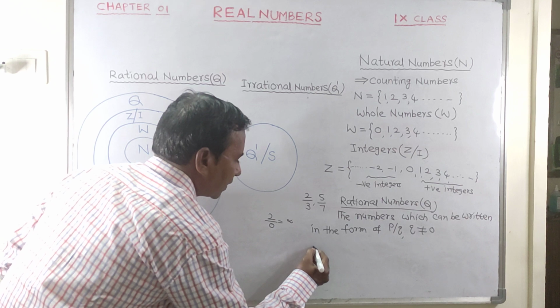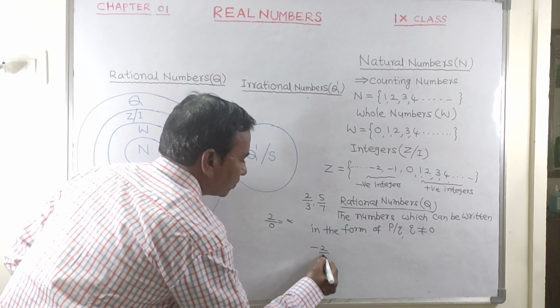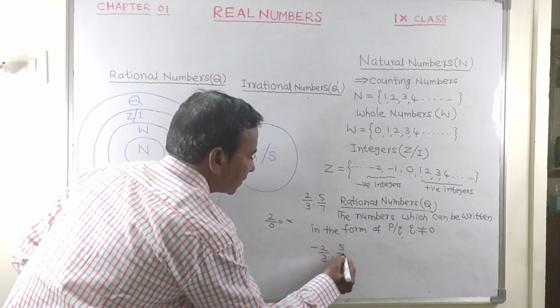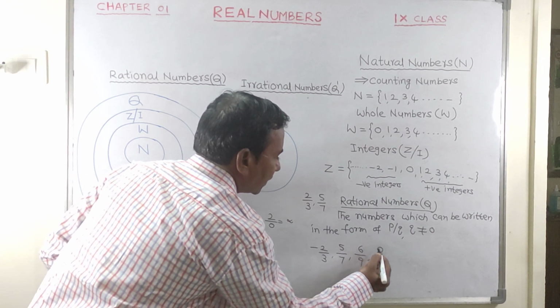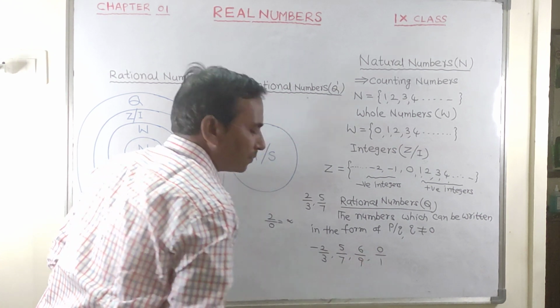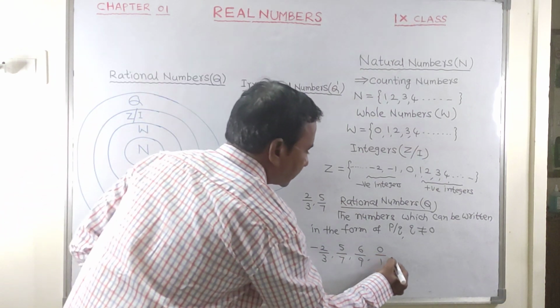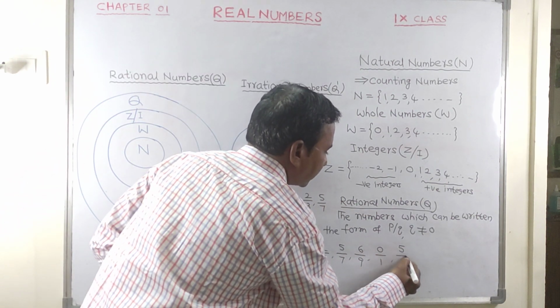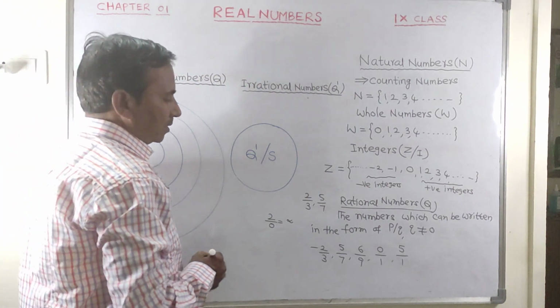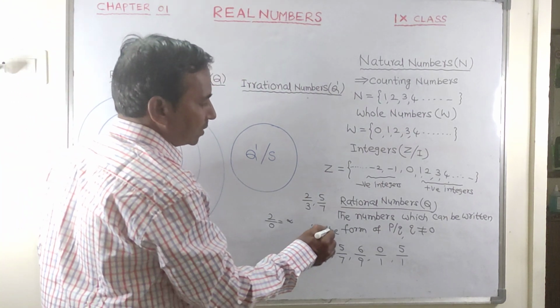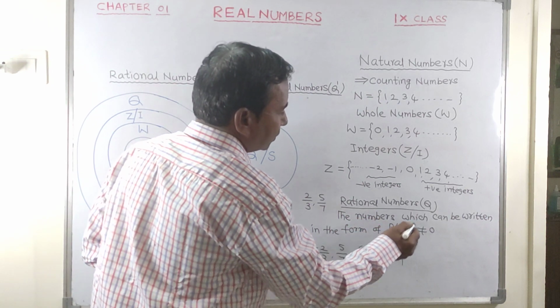For example, you can take minus 2 by 3, 5 by 7, 6 by 9 also. Even 0 you can write as 0 by 1. 5 you can write as 5 by 1. So any number which can be in the form of P by Q, where Q is not equal to 0, is called a rational number.